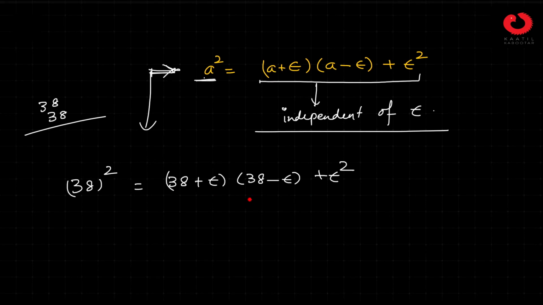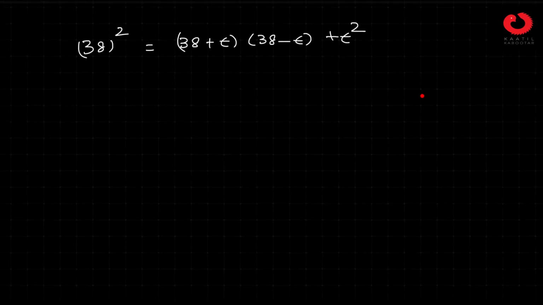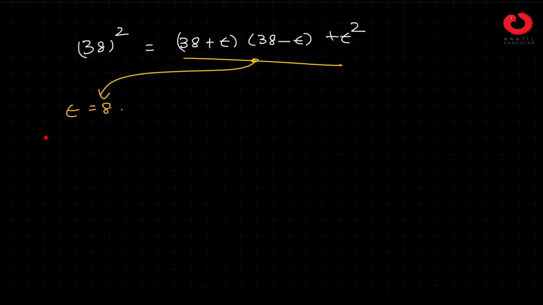Now you can see we are free to choose any value of epsilon. Let us choose the value of epsilon as 8, because if I choose epsilon as 8, then our right hand side will become 30 cross 46 plus 8 square.